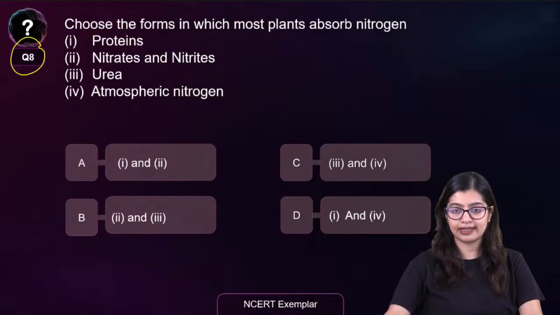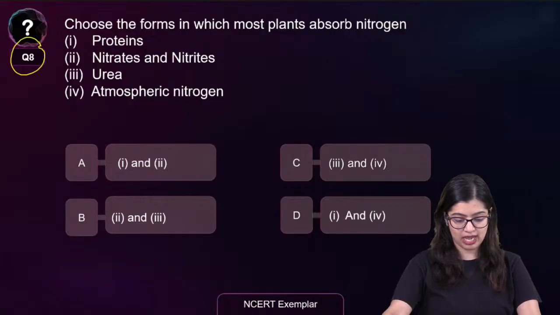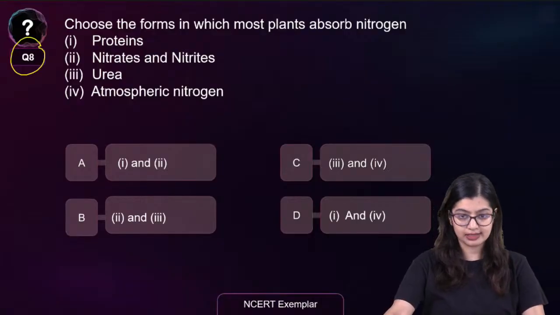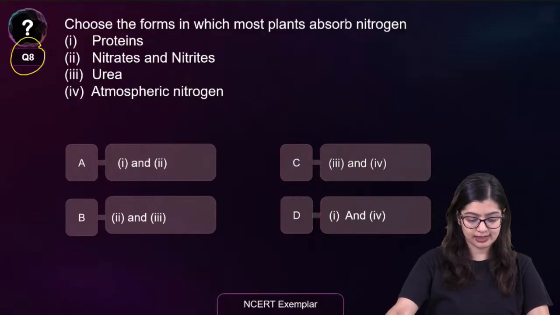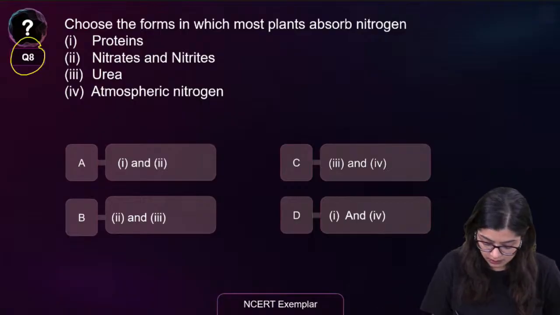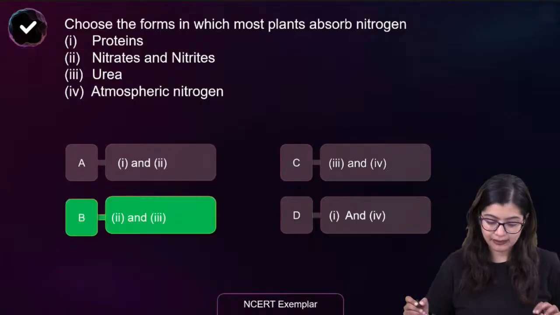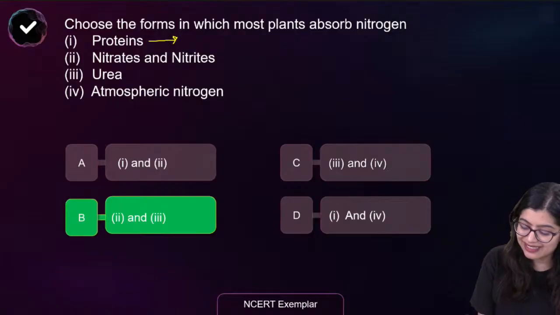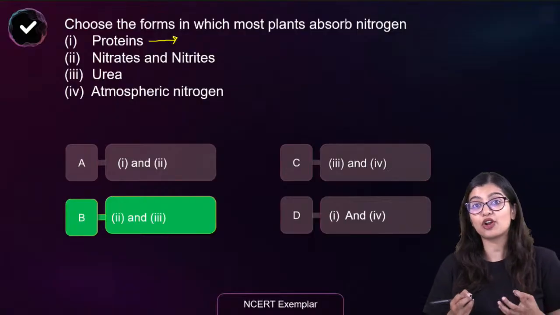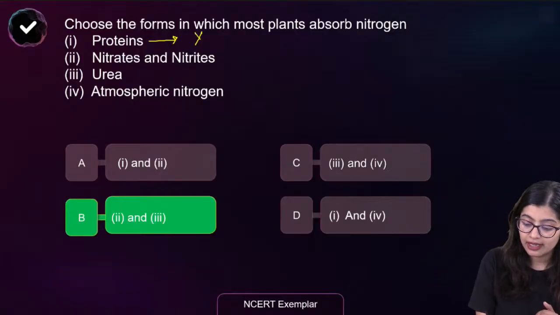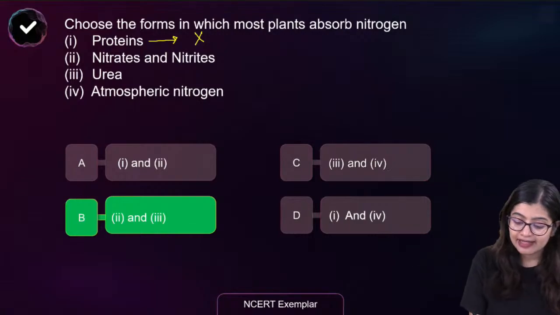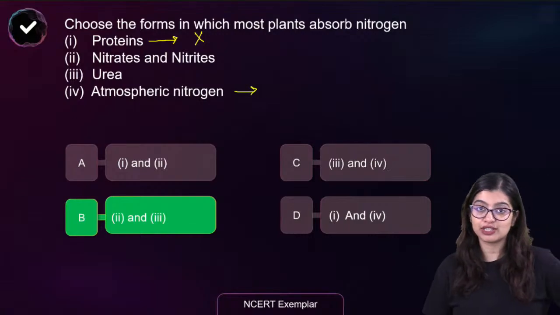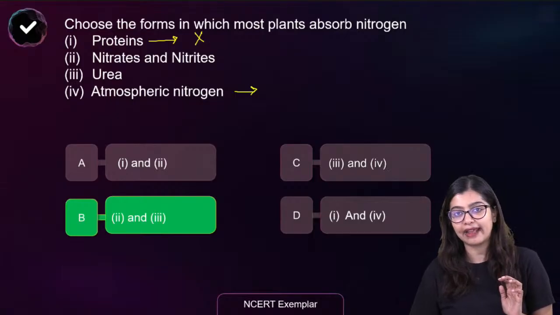Awesome. Very good. I can see that majority of you have given me the correct answer. And the correct answer is option B, right? Plants cannot absorb proteins, right? They cannot use atmospheric nitrogen, which is why that whole nitrogen cycle we learnt in grade 8, right?